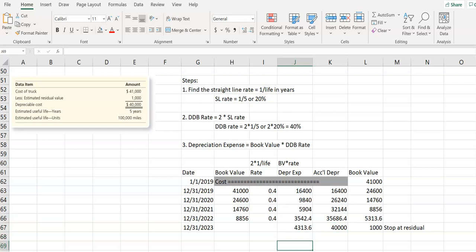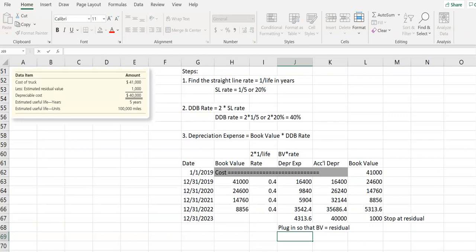So I plugged it in so that book value equals residual. Basically what I did here is I said it equals the 40,000 that I need in accumulated minus the 35,686.4 that I already have there.